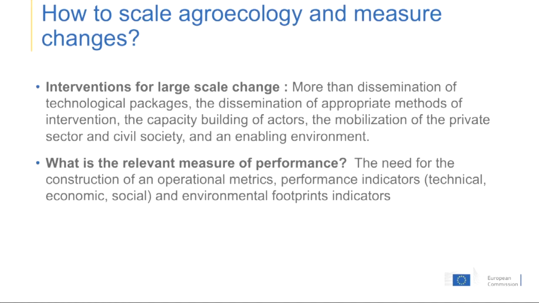We need to develop new metrics, new performance indicators that are technical, economic, and social, and also indicators that will allow us to measure the impact on the environment, so on ecology and on the agricultural system in general.